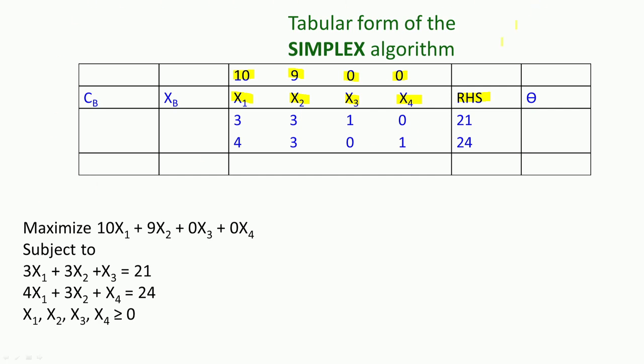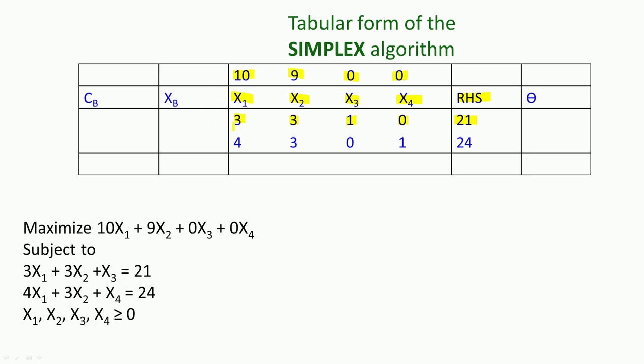Now, my first equation is 3x1 plus 3x2 plus x3 plus 0x4 is equal to 21. That is written as 3 under x1, 3 under x2, 1 under x3, 0 under x4, and 21 under the right hand side.